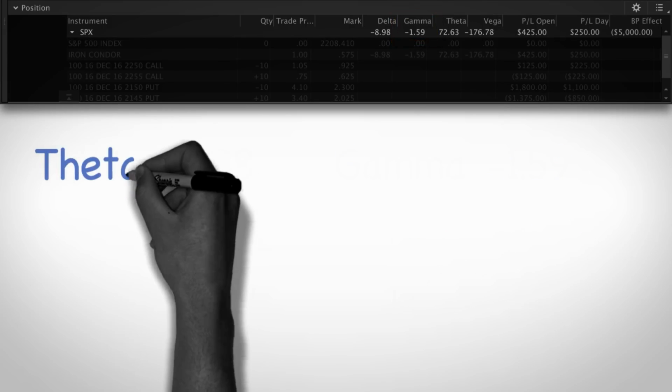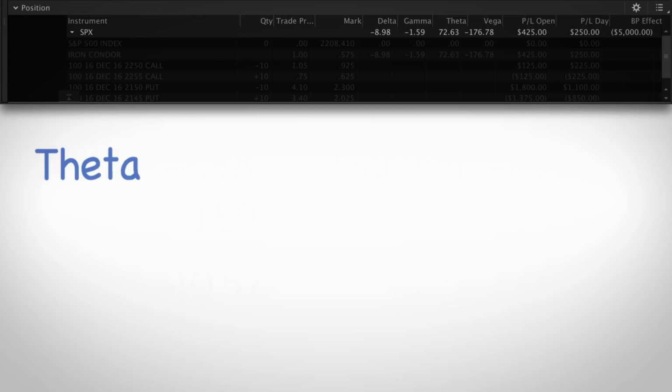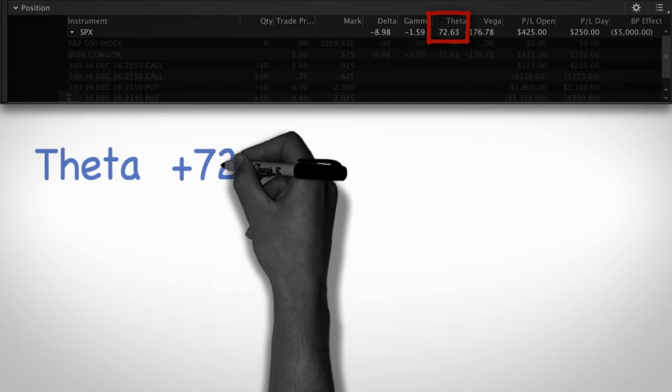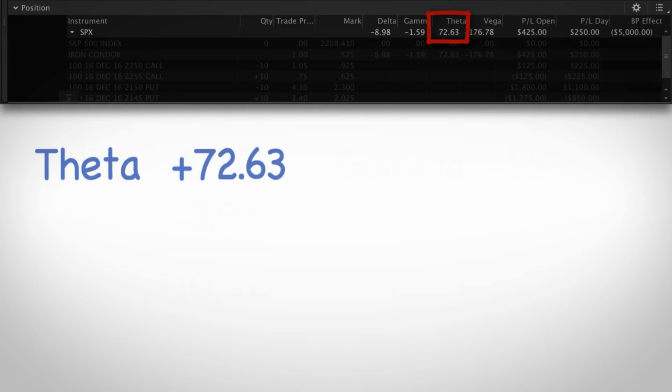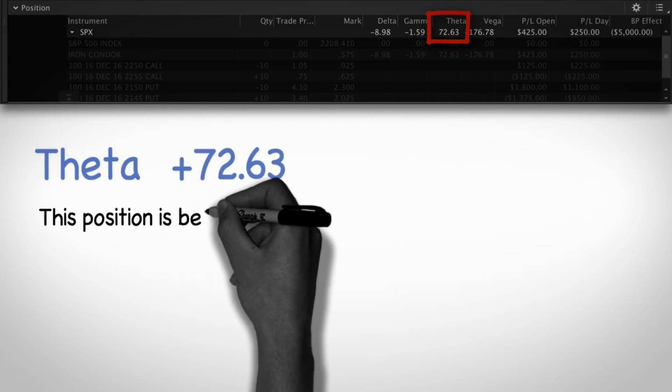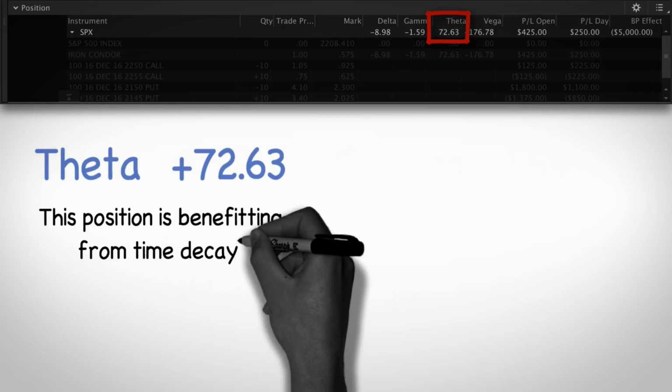Now, just a second ago, we mentioned that all options have a negative theta because all options are constantly decaying as time passes. But if you look at our position theta, you can see that the number is positive. What this means is that this position is benefiting from time decay.